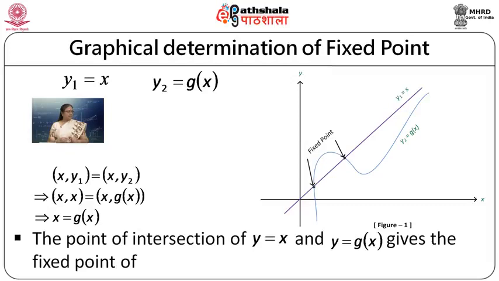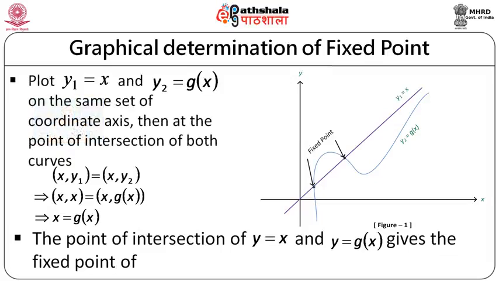Because the straight line is y equal to x, at the intersection y1 equals y2, where y1 is x and y2 is g(x). So, x equals g(x). Thus, the point of intersection of y equal to x and y equal to g(x) gives us the fixed point of the function.